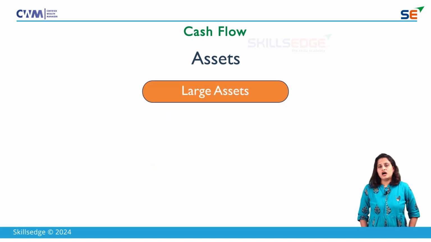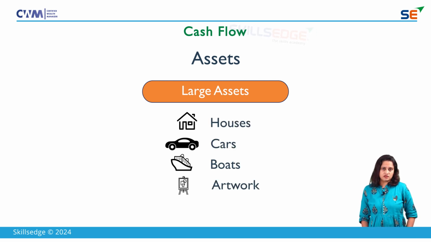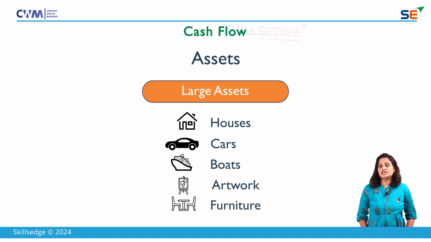Then comes your large assets or fixed assets. Large assets or fixed assets include items like houses, cars, boats, artwork, furniture, etc. While creating your personal balance sheet, ensure to take the market value of these items.